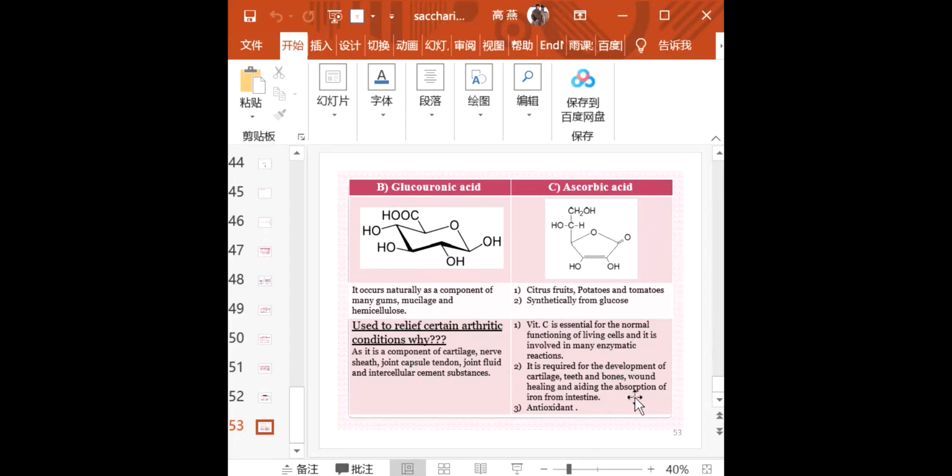It's required for the development of cartilage, teeth, and bone, wound healing, and aiding the absorption of iron from the intestine. And it acts as an antioxidant also.